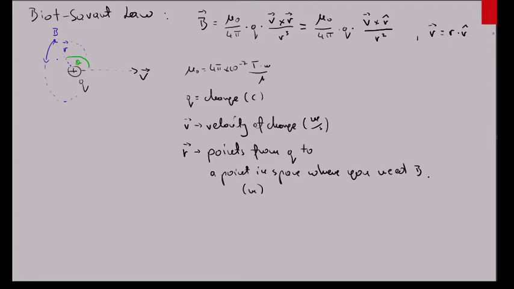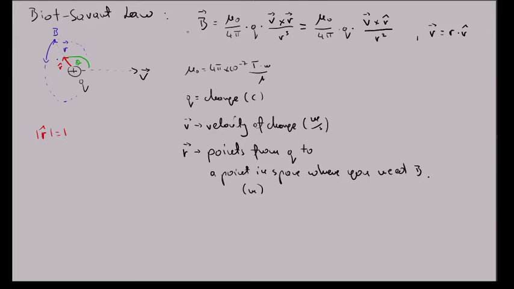So if R points from the charge all the way to the point of interest, then R hat points in the same direction, but it doesn't reach all the way to the point of interest because it has a length of 1. The magnitude of R hat is just 1.